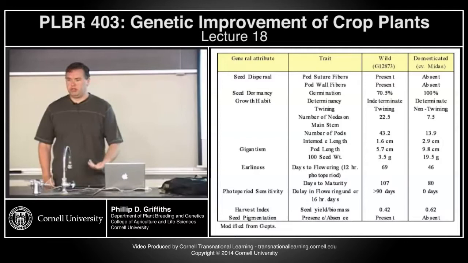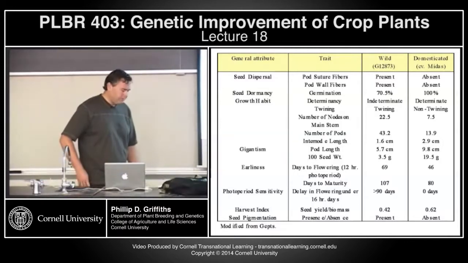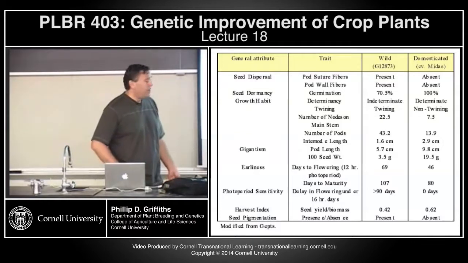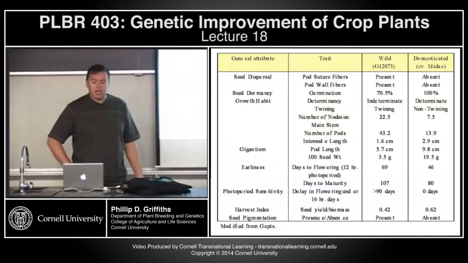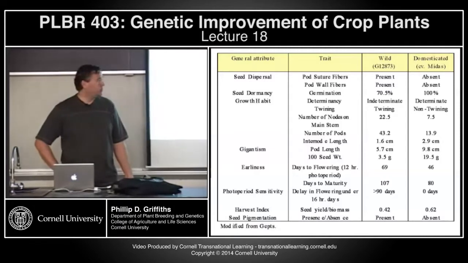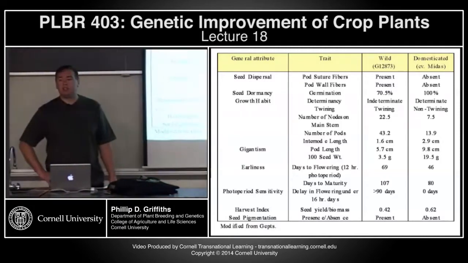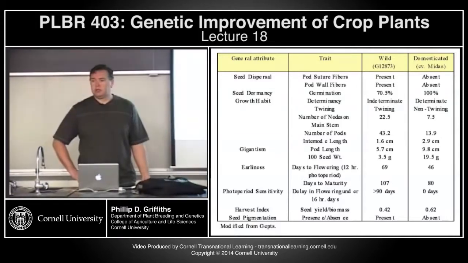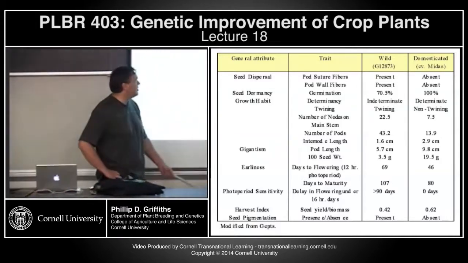So I put this table up from GEPT, which just compares some traits in a wax bean, Midas. A wax bean is a yellow, fresh harvested snap bean. Just to show that if we were to take a wild common bean that was collected, some of the differences that we might see.